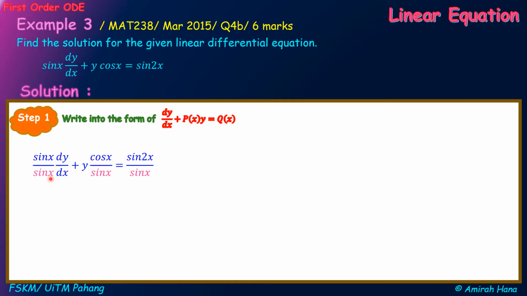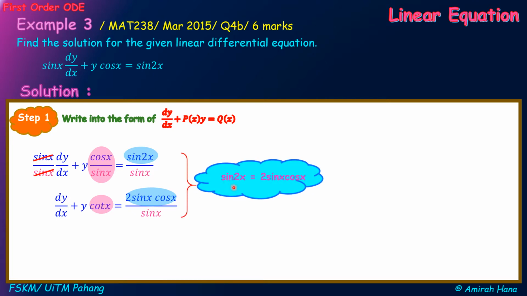After that, we simplify. Sin x over sin x gives 1, so there is no need to write positive 1 here. Then cos x over sin x equals cot x. We can write sin 2x using the double angle identity: sin 2x equals 2 sin x cos x.